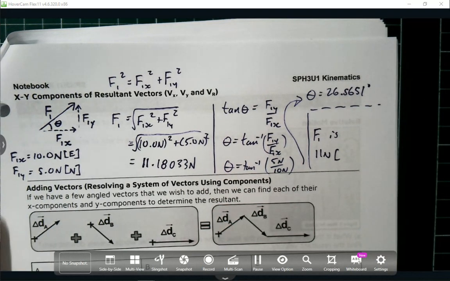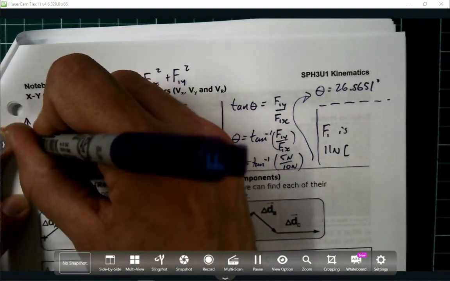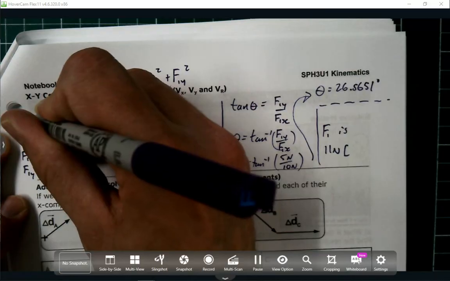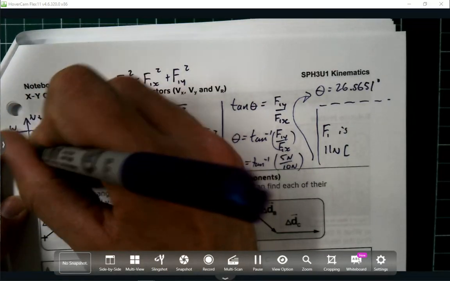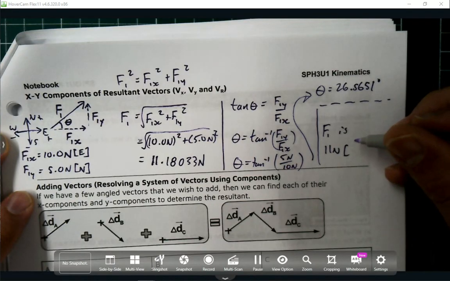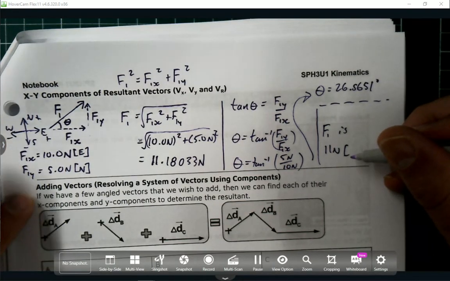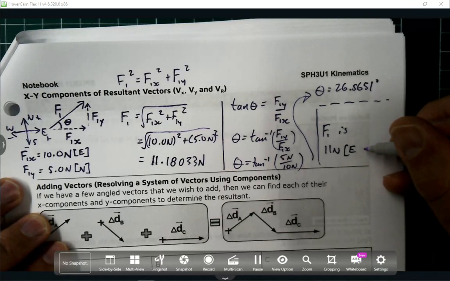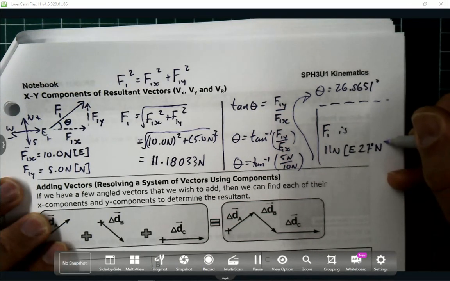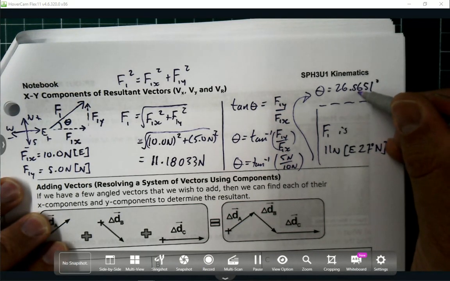And I didn't give myself a reference frame here. Let's choose the reference frame from the previous page: north, south, east, west, positive, positive, negative, negative. So based on my diagram, it would be east 27 degrees north. It rounds up because it's just beyond the 5.